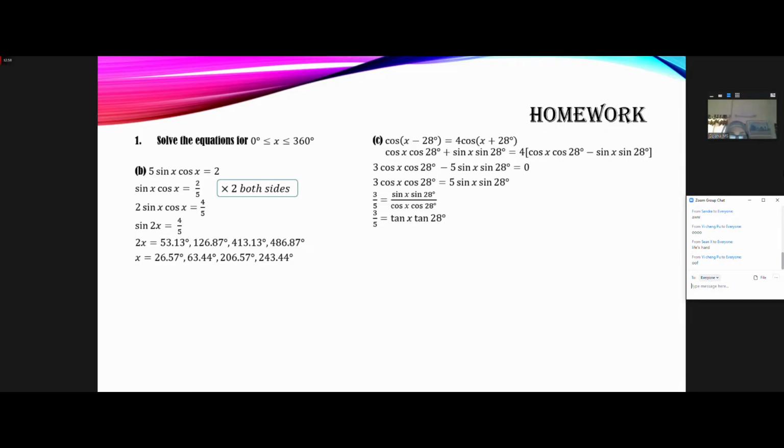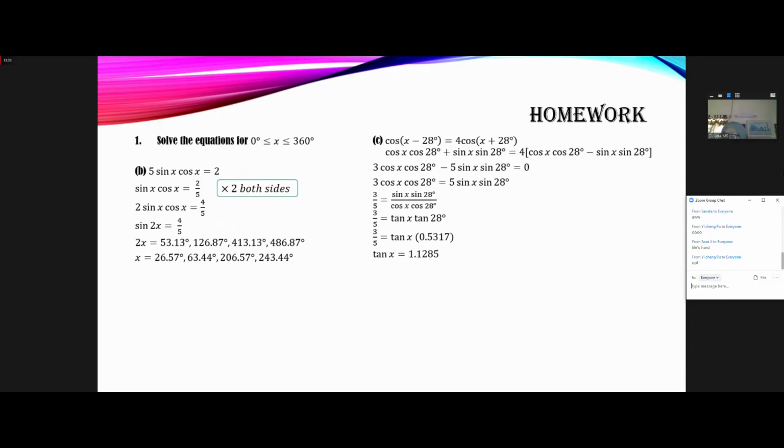Press your calculator to get the value of tan 28. It is 0.5317, then bring it to the left hand side, and you have tan x equals 1.1285. Then the next step will be the same way to solve: find the reference angle, find the quadrant, and give the final answer. Okay, try to finish up the question.